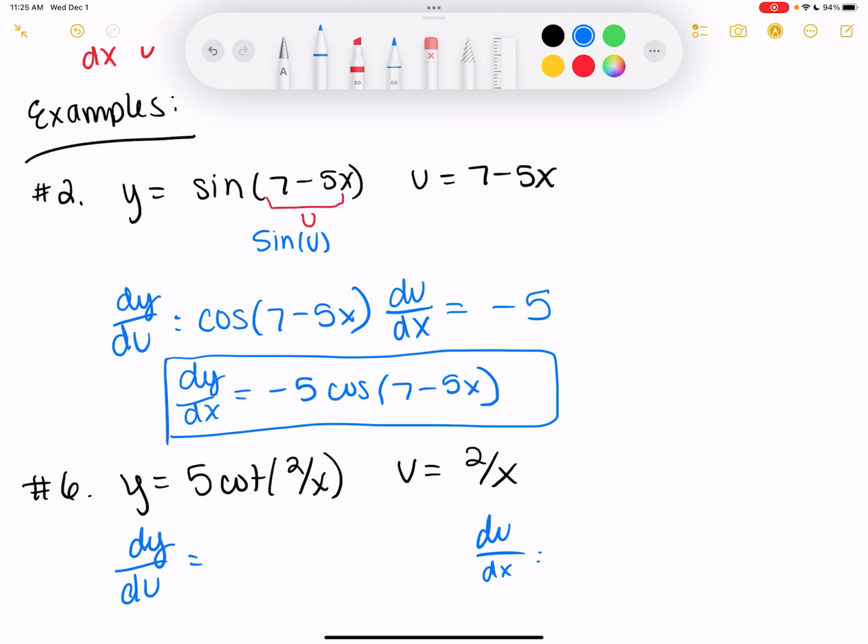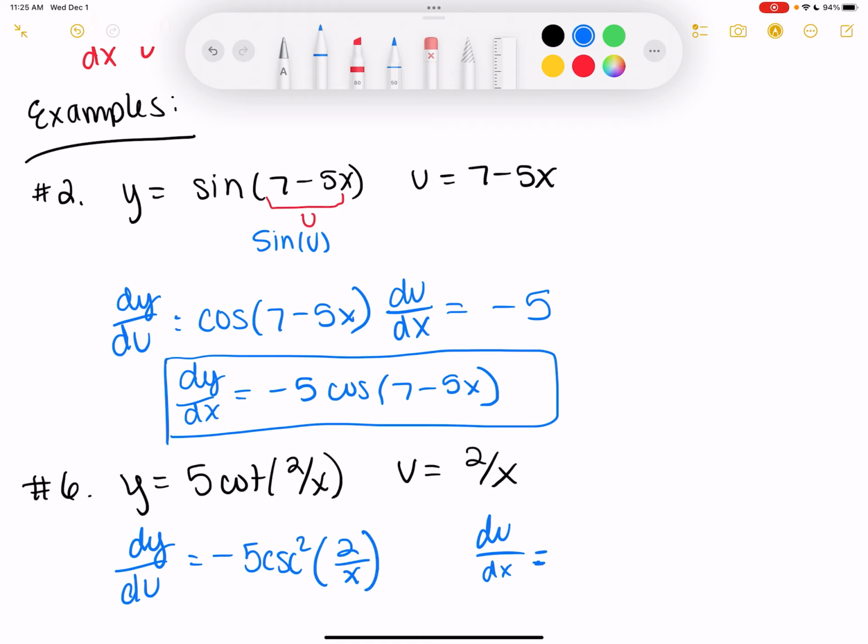So what is the derivative of cotangent? It's just negative cosecant squared. We have the 5 here, so the 5 is going to stay with it. So minus 5 cosecant squared of everything in parentheses, so 2 over x.